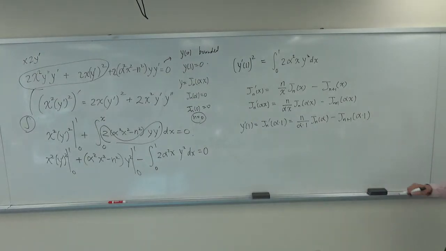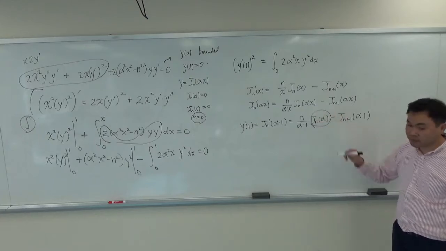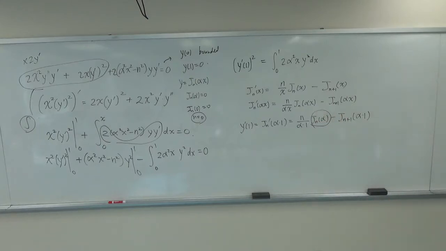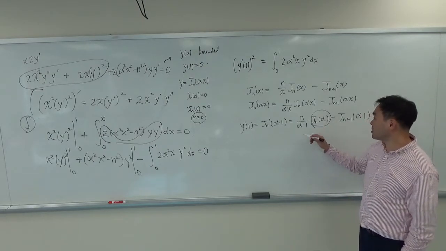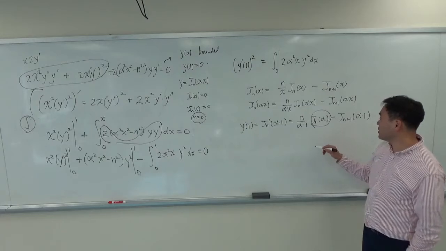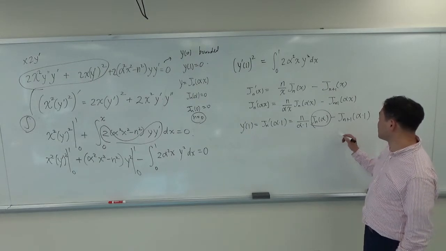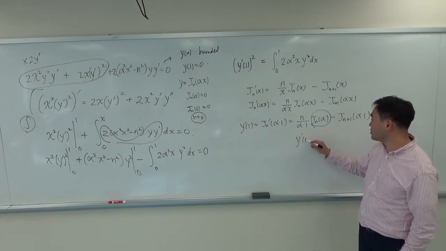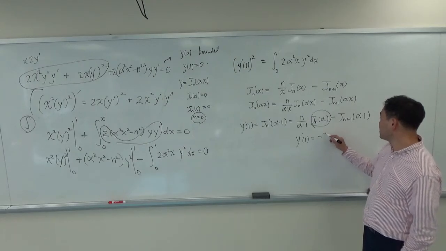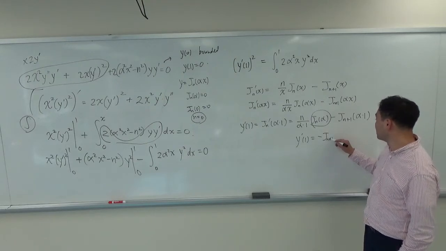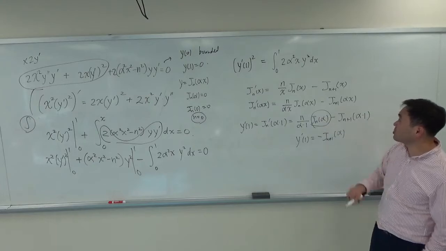Okay, so what's jn of alpha? Zero, right? It was one of the zeros. So that's going to go away. Therefore, y prime of 1 equals negative jn plus 1 of alpha. So that's what you get.